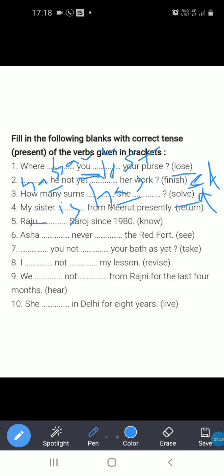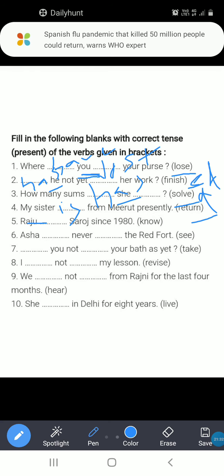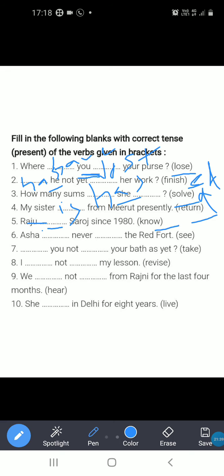My sister has returned from Meerut presently. Raju is known Saroj since 1980.